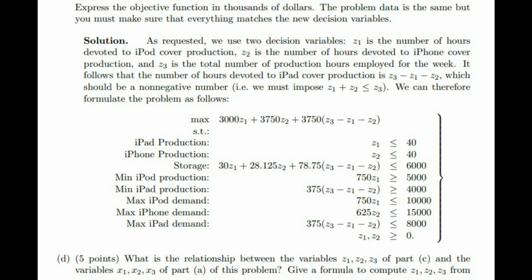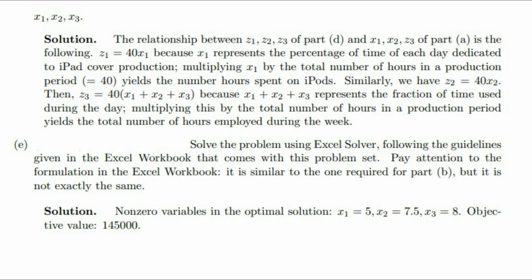Part D. What is the relationship between the variables Z1, Z2, Z3 of part C and the variables X1, X2, X3 of part A of this problem? Give a formula to compute Z1, Z2, Z3 from X1, X2, and X3. The solution.